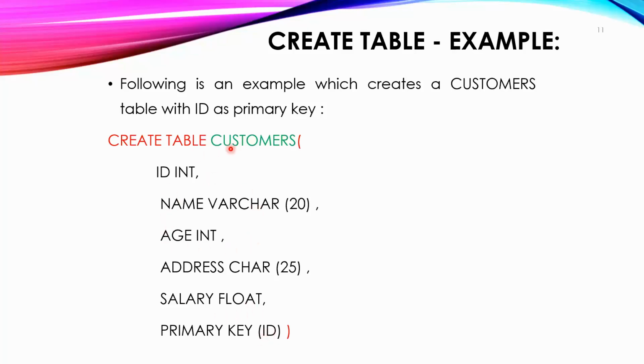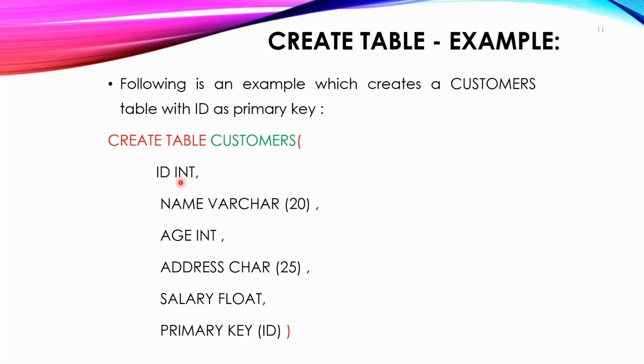So what happens after doing this is you have created a table named customers. It has 1, 2, 3, 4, 5 columns. The first column is ID, the second column is name, third age, fourth address, and the fifth one is salary, right? And for each and every column, we have given the data type.